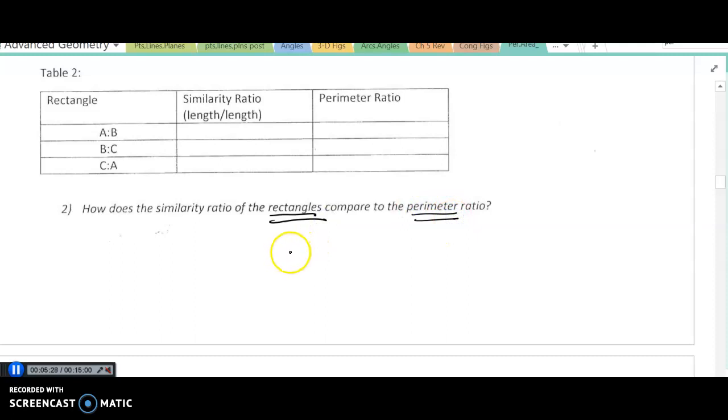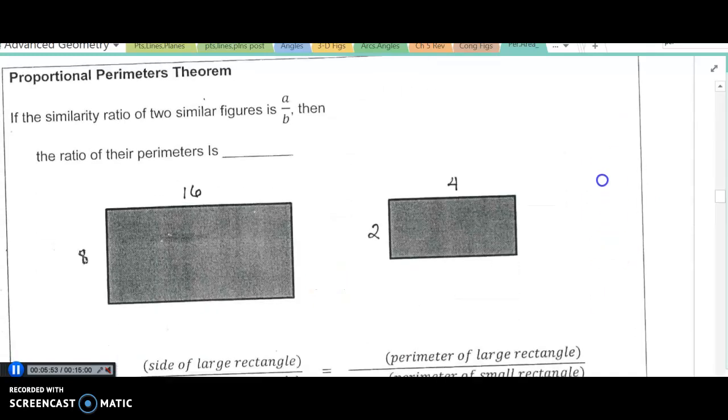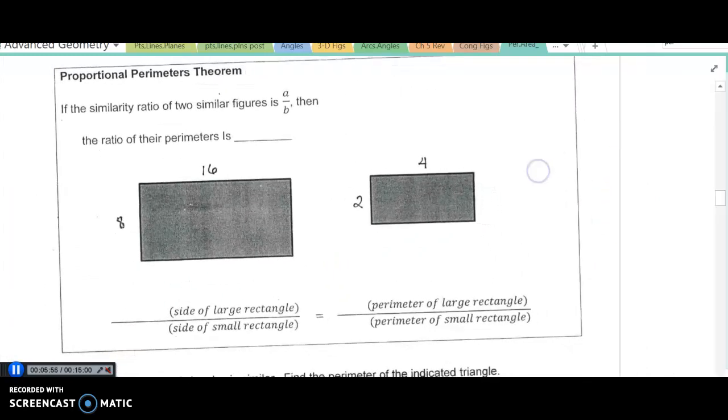And so we know that the similarity ratio, what's called the side to side ratio, where you're comparing the side length of one rectangle to the side length of the other, reduces to the same thing as the perimeter to perimeter ratio. And that's our first theorem for today, friends, it's called the proportional perimeters theorem.